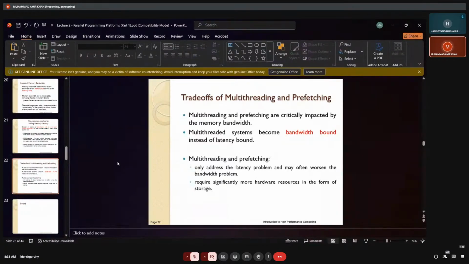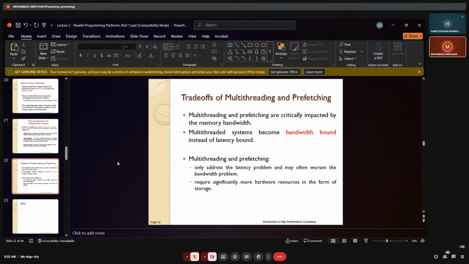For example, we have a narrow road and we have a lot of traffic, a lot of cars. That's why I call it bandwidth bound. If we have high speed vehicles but the road is very narrow, it is useless.